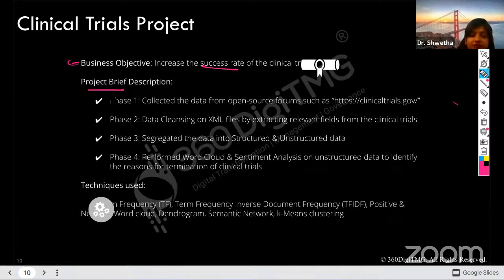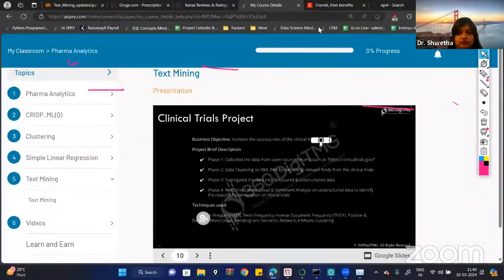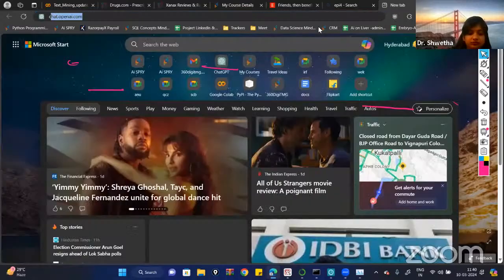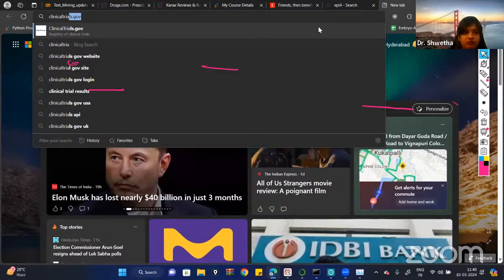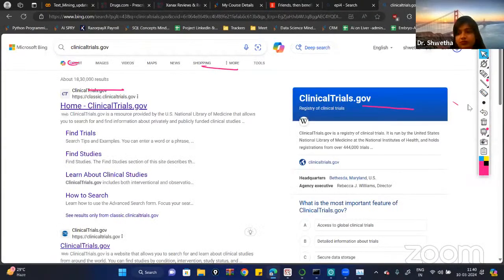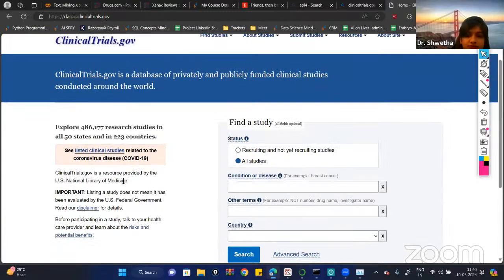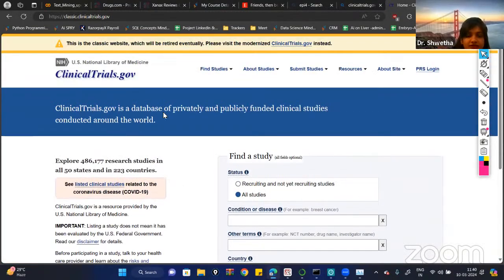In the first phase, we need to collect the data from open source forums such as clinicaltrials.gov. Let me go to that website. This is the website.